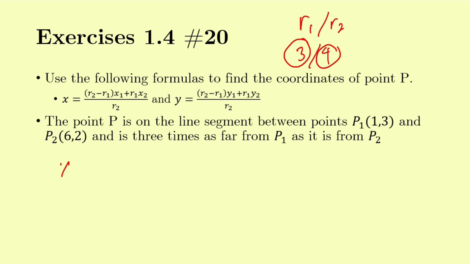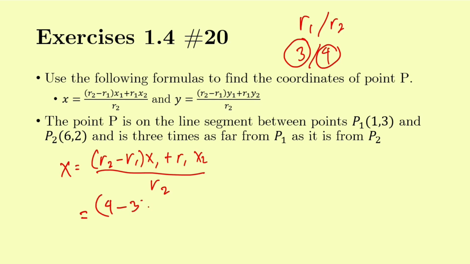Let's use the formula x is equal to R2 minus R1 times x1 plus R1 times x2 all over R2. Then we can use R2 of 4 minus 3 times x sub 1, which is this one, x sub 1, y sub 1, tapos ito x sub 2, y sub 2. So x sub 1 is 1 plus R1, which is 3, times x sub 2, which is 6, all over R2, which is 4.